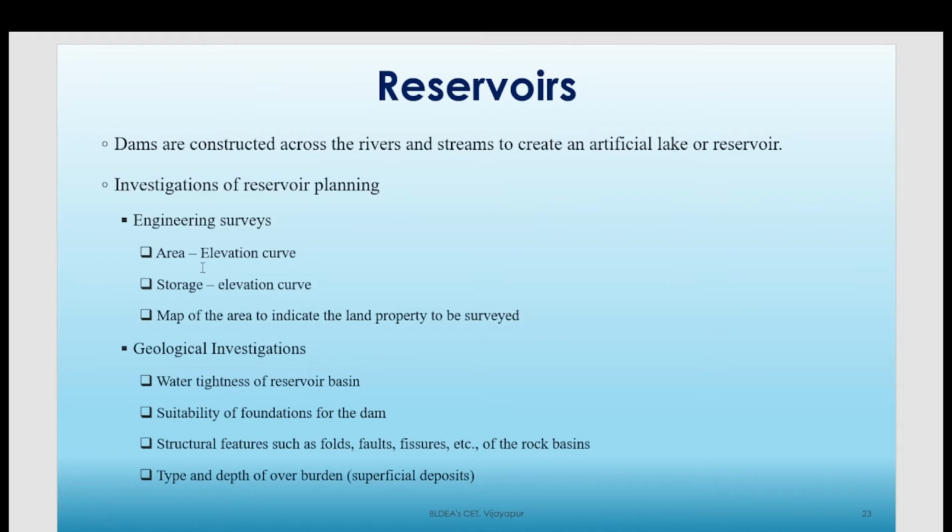Tightness of the water basin implies what kind of soil material we have at the site of our planned reservoir, whether it is pervious or impervious in nature. So the tightness of water represents whether the bottom of the reservoir is pervious or impervious. If it is pervious, the water will seep out and it may eventually damage the dam.